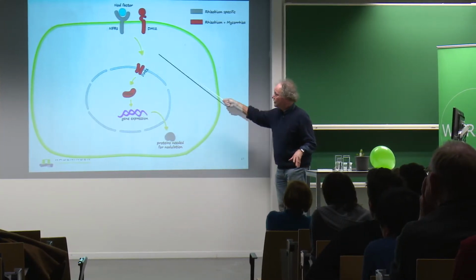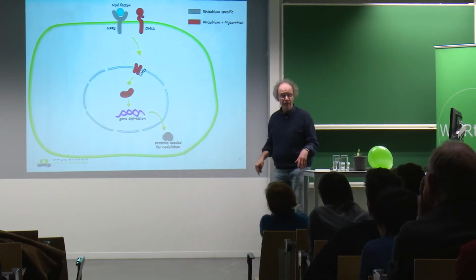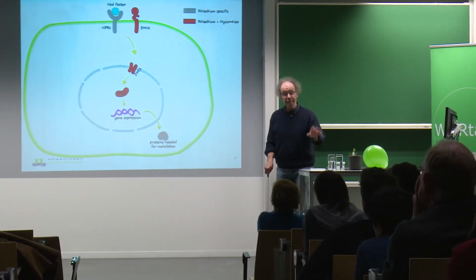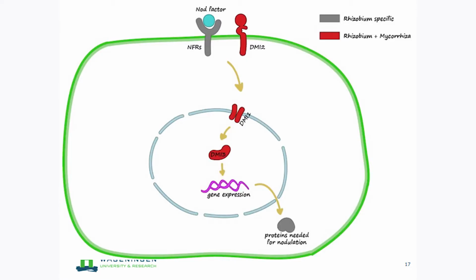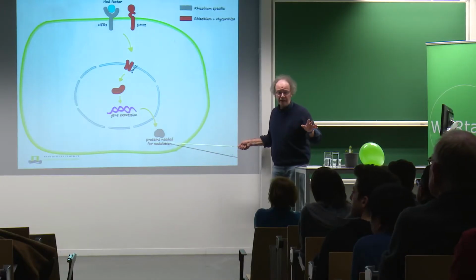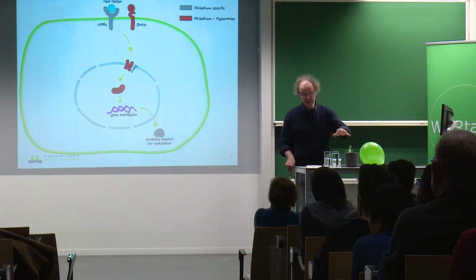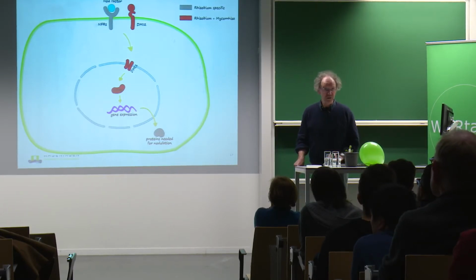And I indicate it reaches, by a few proteins, the nucleus, and there it changes gene expression. Gene expression leading to proteins that are required for, that's what I indicate here, required for the infection and also for the nodulation process. So we have signaling and then we have a process.